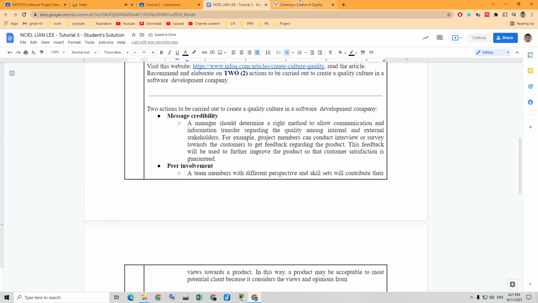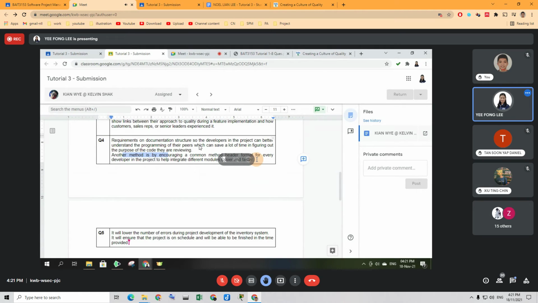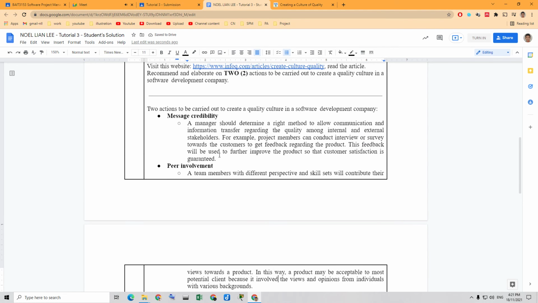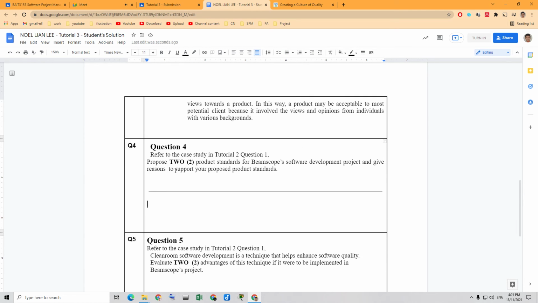Question number 4 is about the product standards. Can you all put in your reference here at the bottom? At the bottom of your answer, add references. Where did you get this? Especially the examples that are not in the lecture notes.